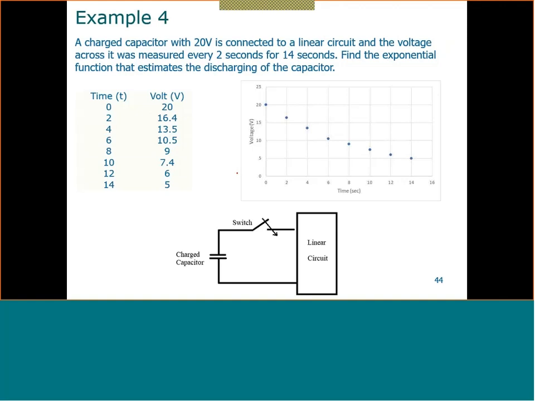As I mentioned earlier, take the example of a capacitor. We know from the basics of circuits that when we charge a capacitor, it follows an exponential function. When you discharge a capacitor, it is also an exponential function, but the exponent is negative. This is something we know from our understanding of the physics of the problem.